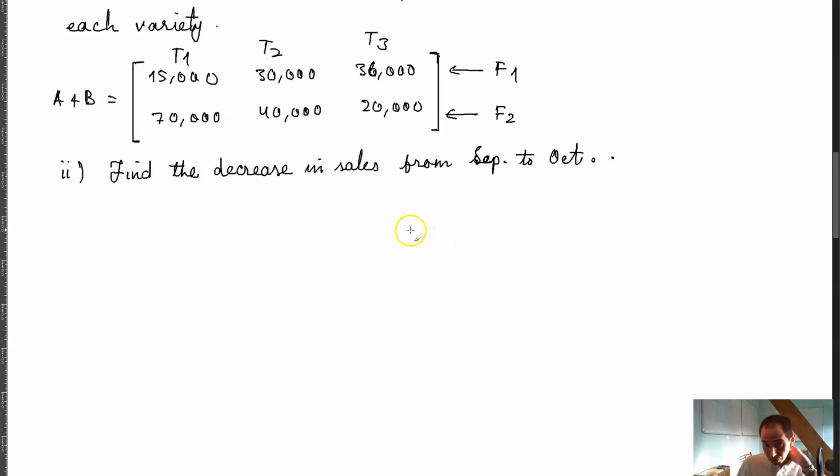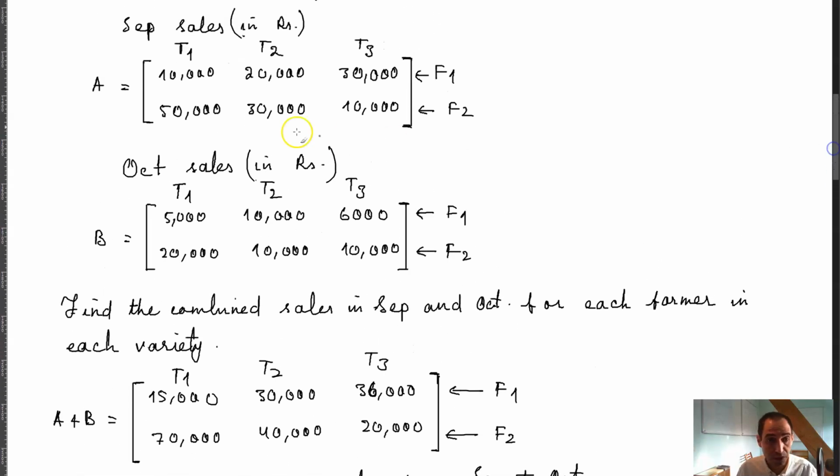So in order to do that, first of all, let's see if there was a decrease. So you had 10,000, 5,000, 20,000, 10,000, and so on. It seems that there has been some decrease.